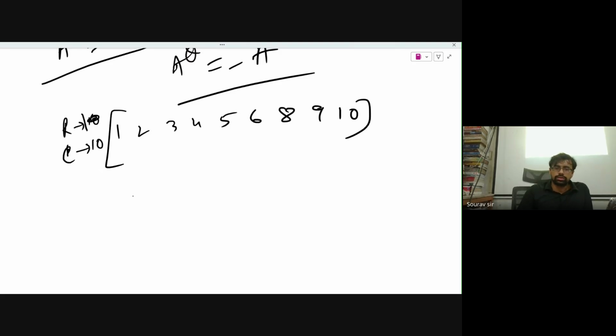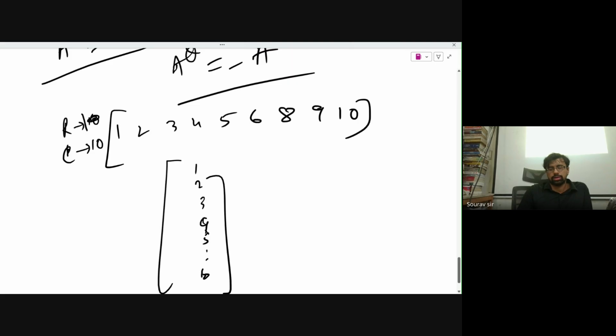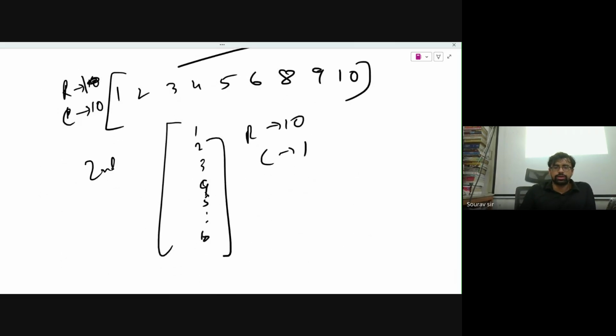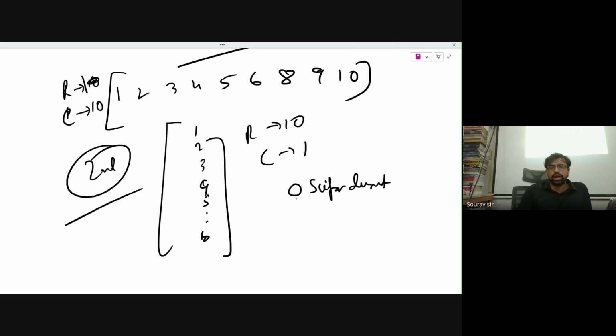Column is, in this case, row 10 and column is 1. This is very basic level, but nowadays ISI concentrates on this kind of question, so I always do it. First tell me, in this case how many super diagonals? Let's come to, sorry, start with the second case first. 0 super diagonal, how many sub diagonals? 9 sub diagonals.